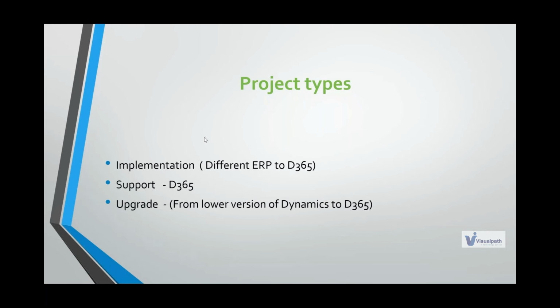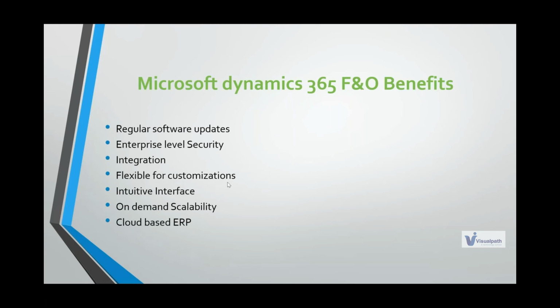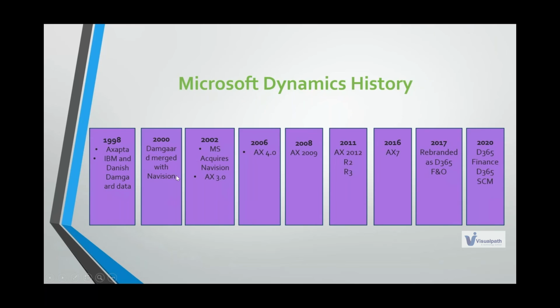A support project is where the implementation is already done, users have started using the application, and we need to support the application. That is called a support project. Upgrade. I told you this history, right? For example, you are using AX 2009 and you want to upgrade to the latest version, D365 Finance and Operations.